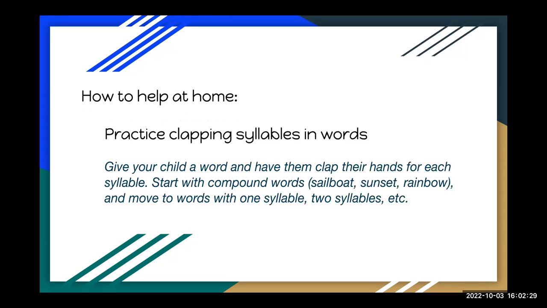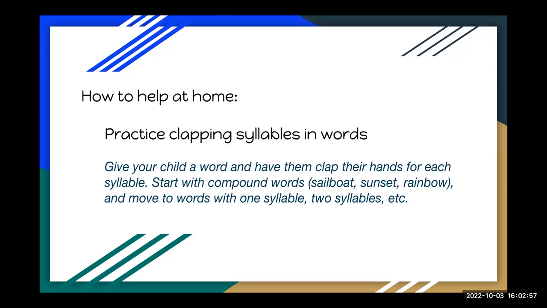Practice clapping syllables in words. What you can do is start with compound words, and I gave some examples: sailboat, sunset, rainbow. And what we want them to be able to do is hear the syllables. A syllable is basically every time you open and close your mouth for the vowel sound. So for sailboat, the syllables would be sail-boat. For sunset, sun-set.